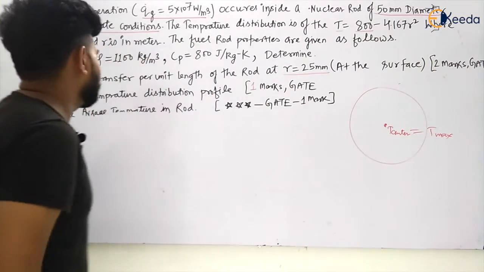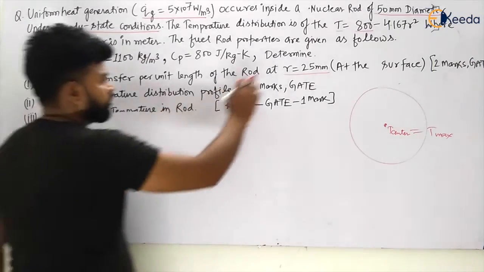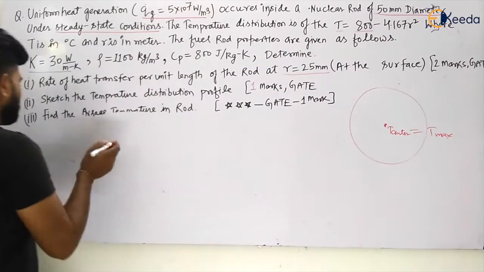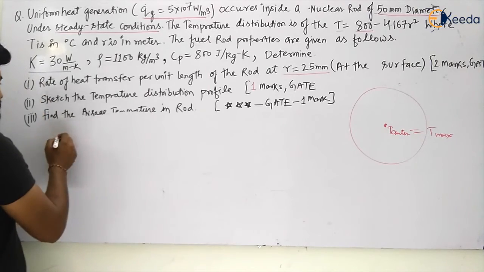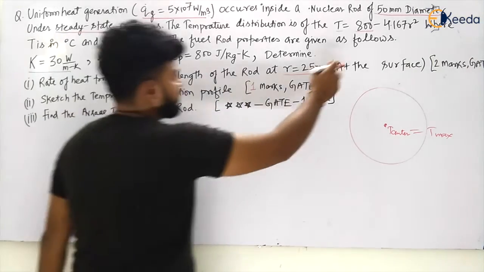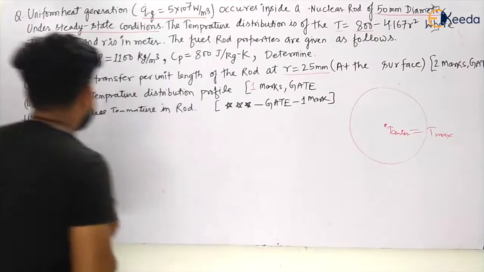So for the maximum temperature, using the maximum-minimum concept of mathematics, T is equal to 800 minus 4.167 r square.